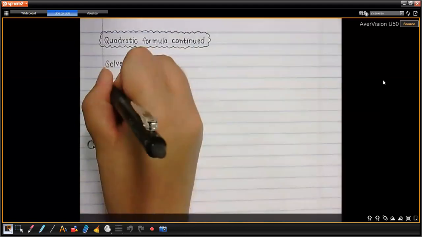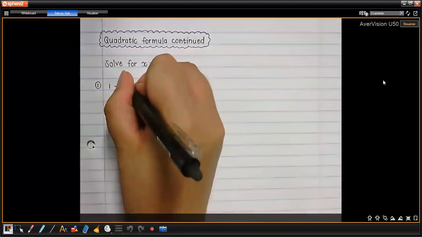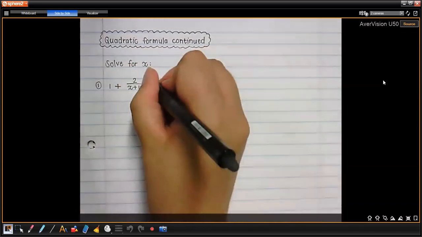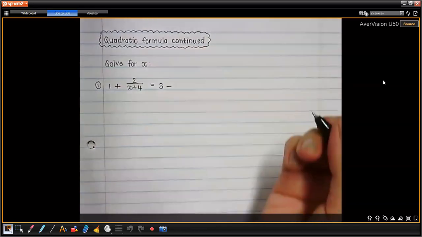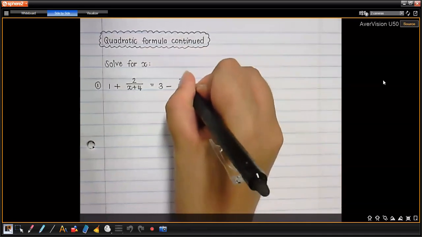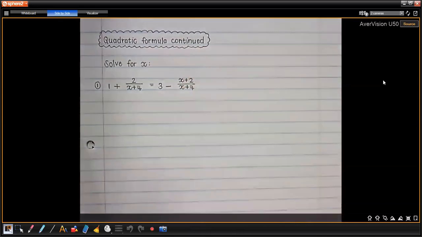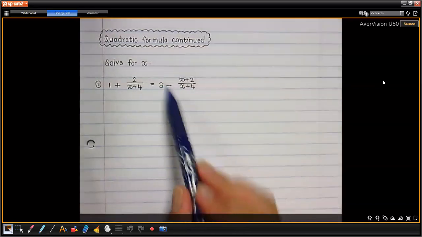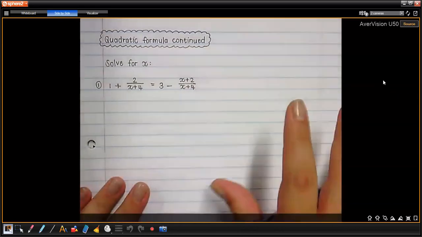Okay. So if we have 1 plus 2 over x plus 4 equals 3 minus x plus 2 over x plus 4. I want you guys to write on the side there, and whenever you see an equation with fractions, emphasis on the word equation, I want you to practice this method.